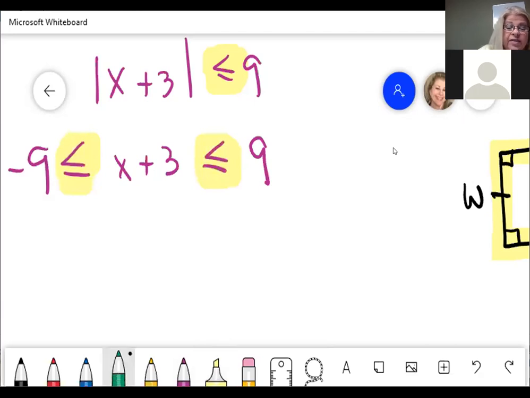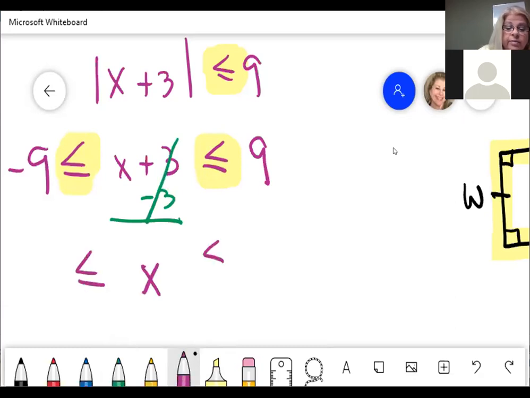Now to solve this, I would just subtract the 3 in the middle to cancel it out. And that just gives you the x left in the middle. But if you subtract it in the middle, you also have to subtract it on both ends. So 9 minus 3 is 6, and negative 9 minus 3 is negative 12.